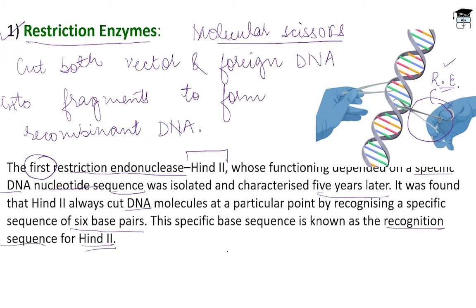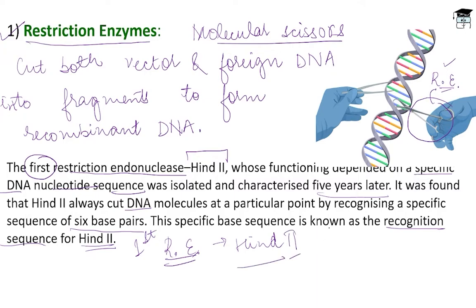Now, what does this mean? They are saying that there was the first restriction endonuclease, or first restriction enzyme. Endonuclease is a restriction enzyme. We're talking about the first restriction endonuclease, which was known as HindII. This is the name of the endonuclease.